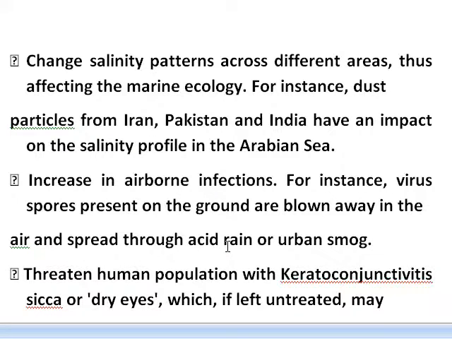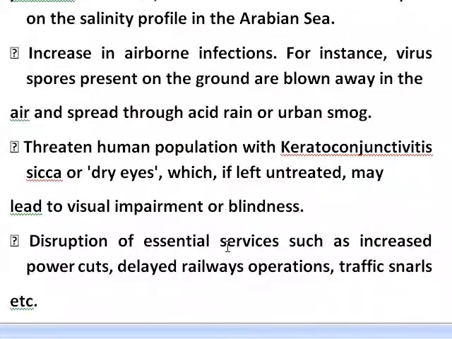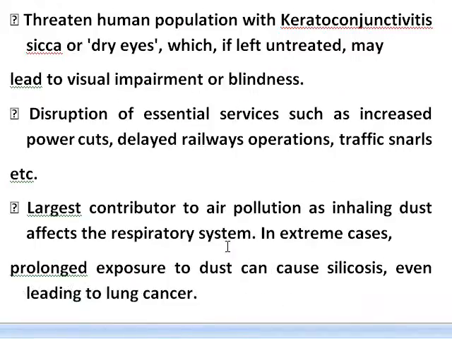For instance, virus spores present on the ground are blown away in the air and spread through acid rain or urban house smoke. They threaten the human population with keratoconjunctivitis sicca, or dry eyes, which if left untreated may lead to visual impairment or blindness.